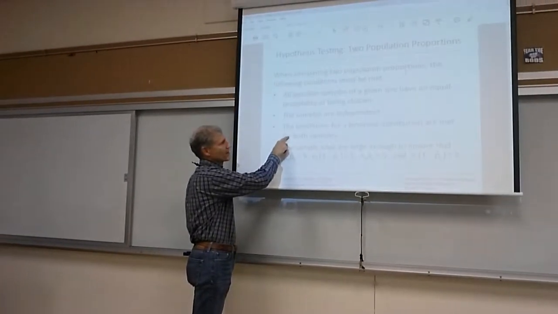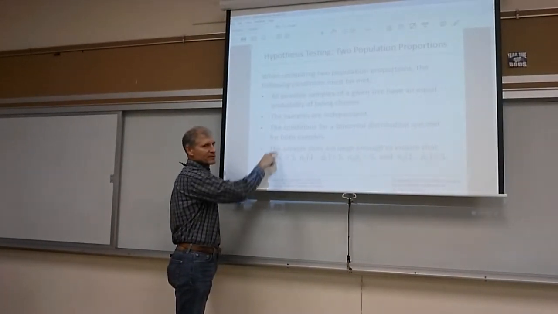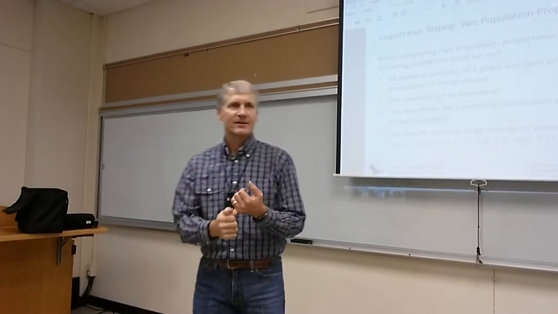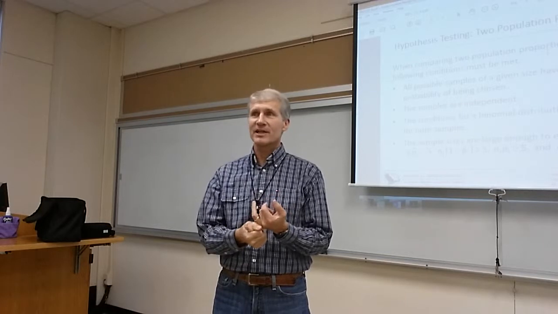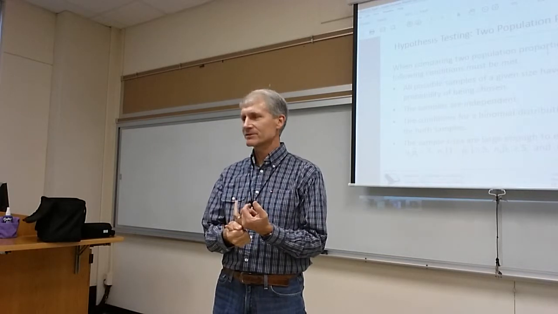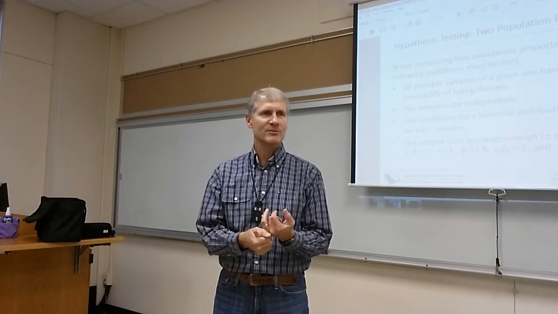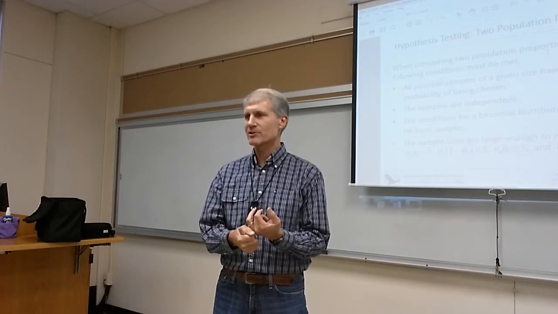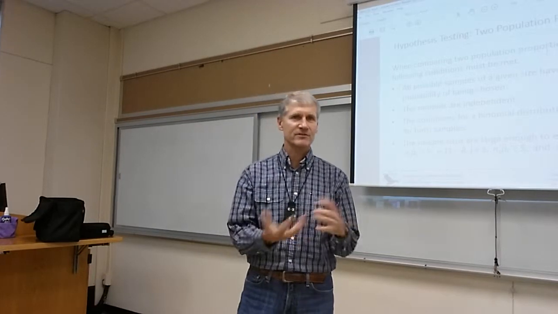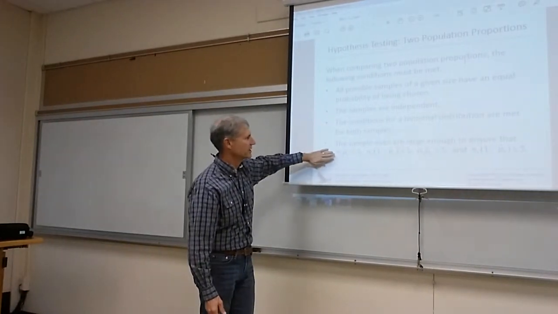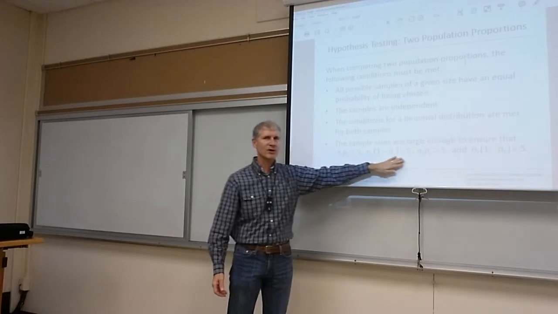Conditions for a binomial distribution are met. Remember what a binomial distribution is? You're counting the number of successes in a fixed number of trials. Those trials are independent. You've got 2 outcomes and only 2 outcomes on each trial, success or failure. As long as you're meeting those conditions, then that's appropriate. And then the last one is your sample size requirement.